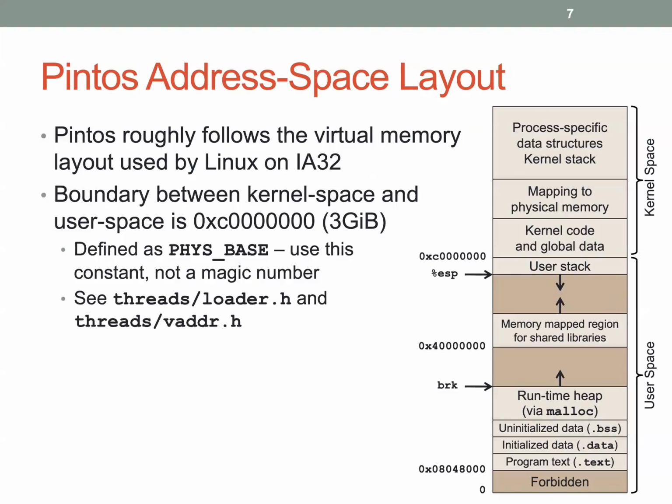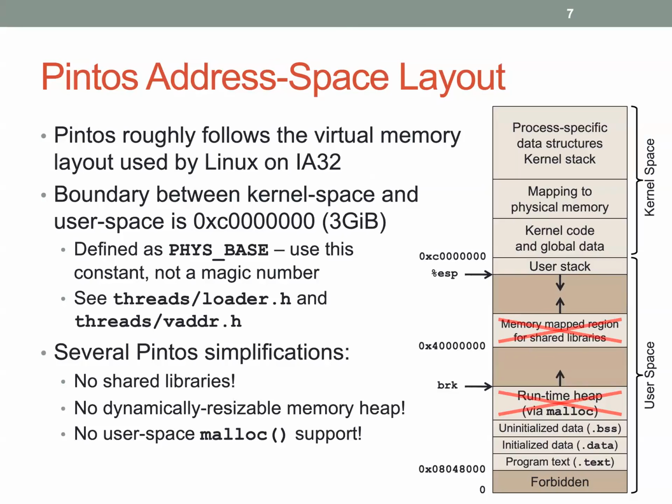There's a boundary between user space and kernel space at the 3 gigabyte boundary, and that is where the constant PHYS_BASE comes from in Pintos. Now, it's not called PHYS_BASE in Linux because Linux does something different, but in Pintos it's called PHYS_BASE because that's also the start of how the kernel is able to reference all of the page frames in the physical memory that are available.